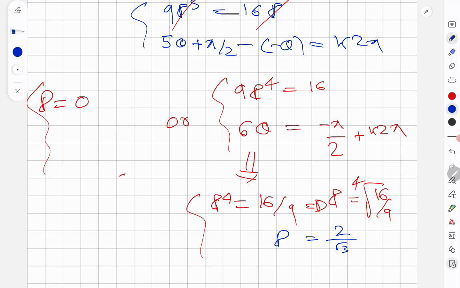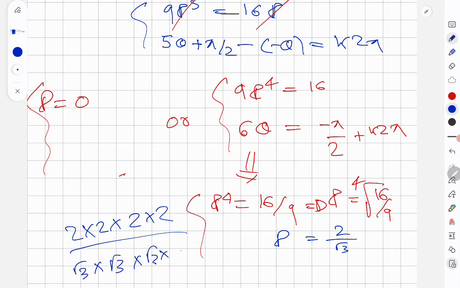Is minus 2 over root 3 also an answer? Your modulus cannot be negative because it's a distance.